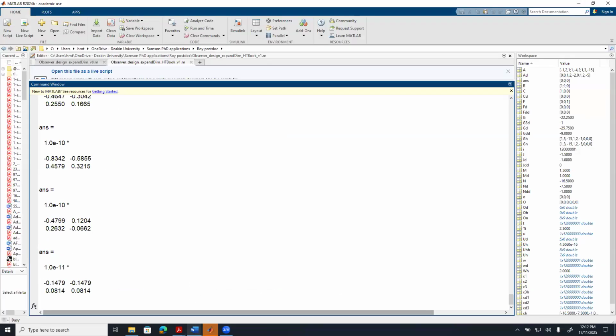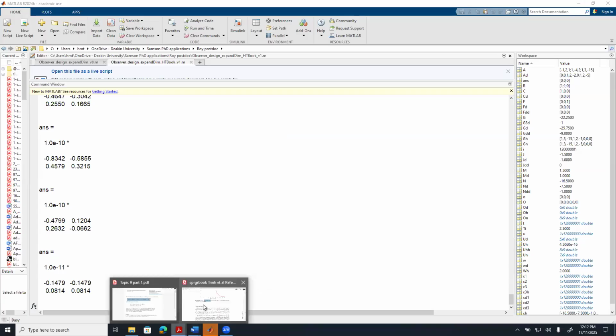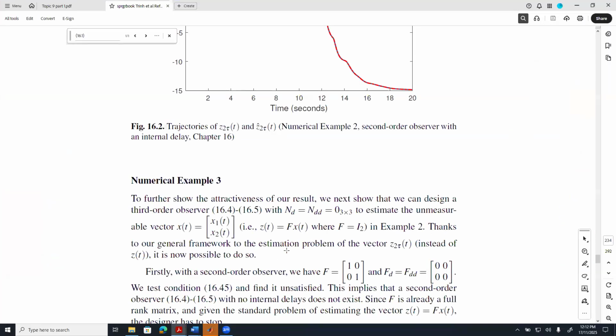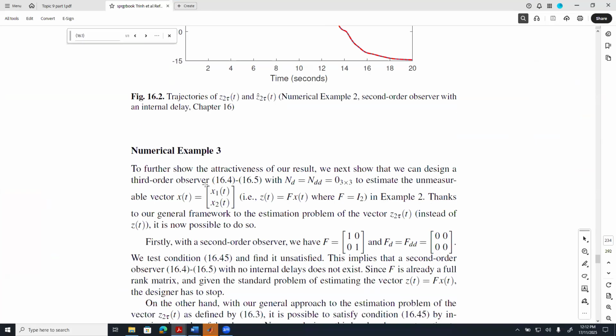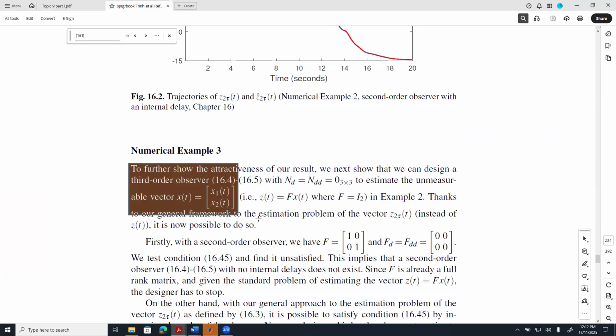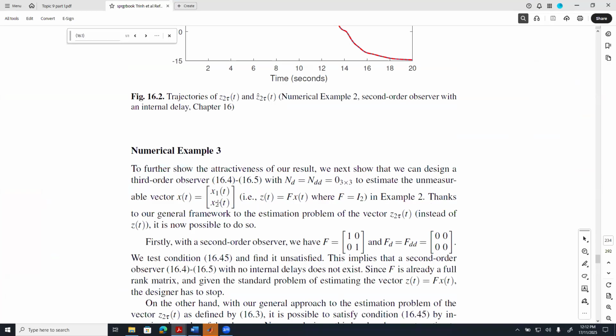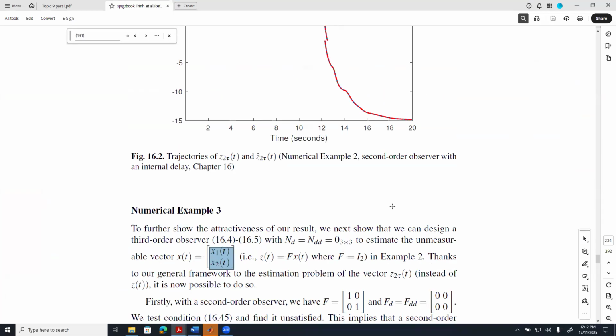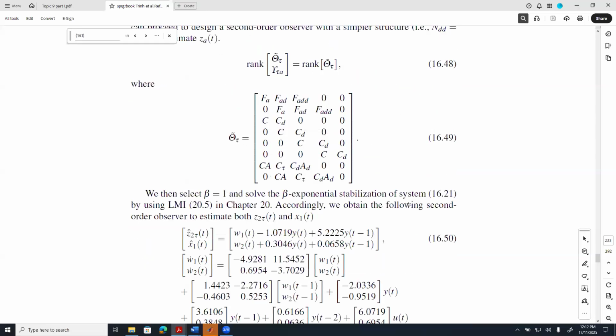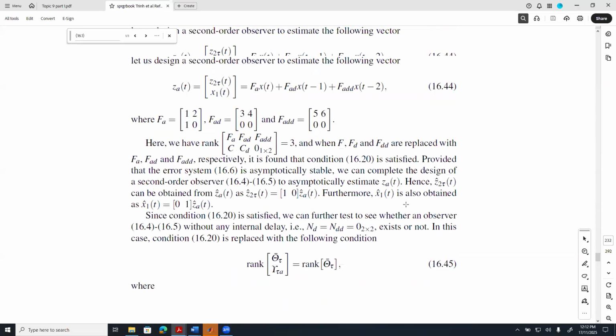Now, to make the problem more interesting, we can also show that, look, let's deal with that example 2 again. Let's relook at it again. And what we want to do is estimate the entire stack vector. Now, have a look at the parameters of the example.